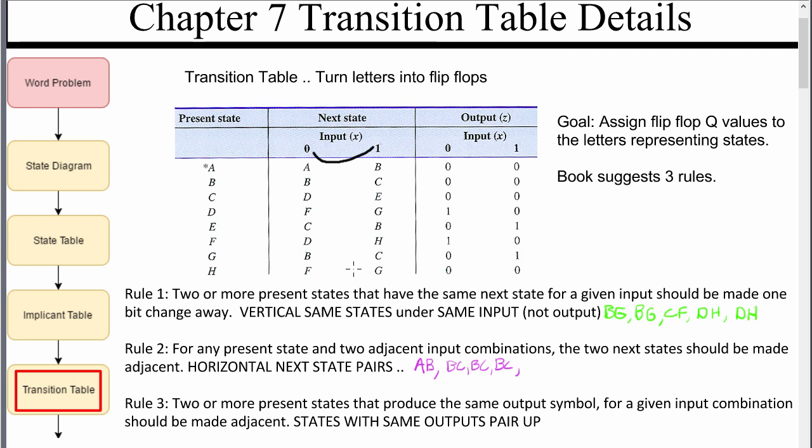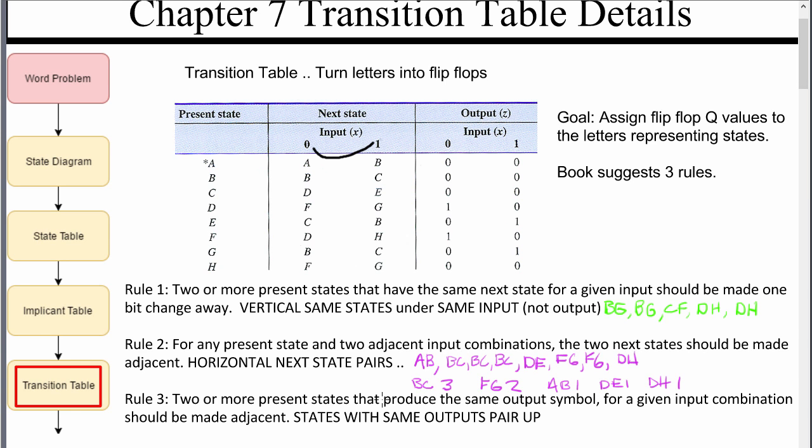We just have DE once. How about FG? We have it twice, right? FG, FG. CB we've already covered. DH, HD. So we have DH just once. And then BC we've covered and FG we've covered.